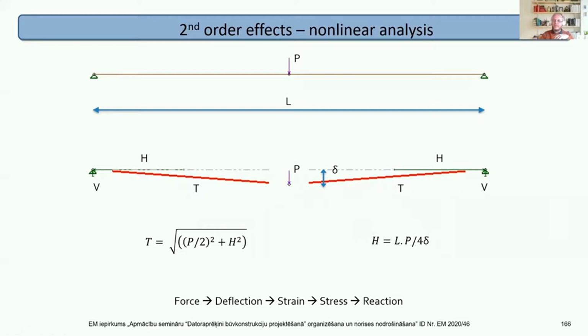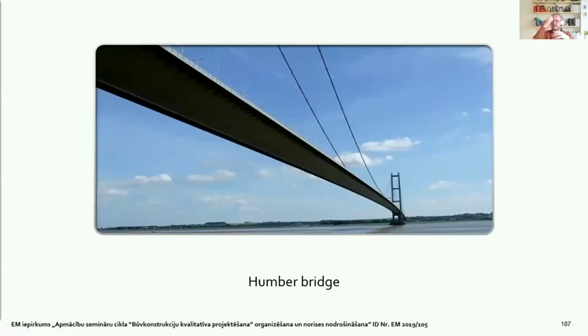Now, this is a more involved analysis, but it does give us the ability to have big span structures. So this is the Humber Bridge from the UK, was at one point the longest span suspension bridge. Lots of ground there, but the thing about this structure is that it is flexible. If you were to do a linear structure to span this kilometre or so, it would have to be really, really deep.